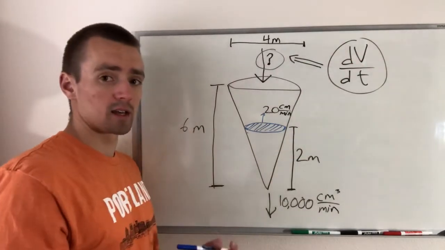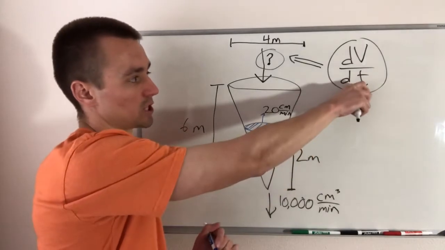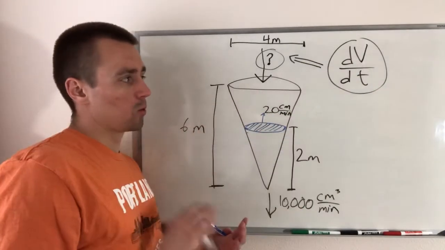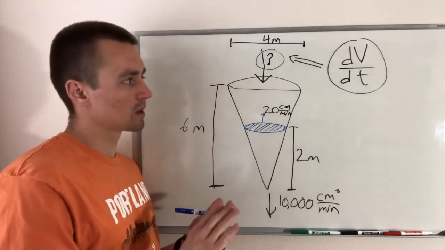But remember, I said our equation can't have rates of change in it. This is a rate of change, the rate at which volume is changing with respect to time. What we're going to have to do is implicitly differentiate our equation.